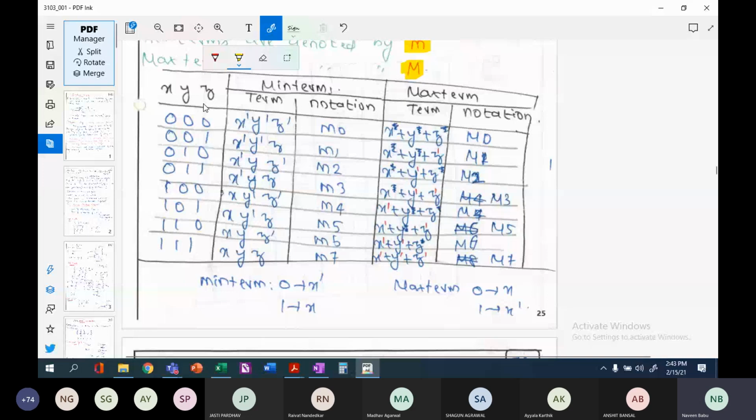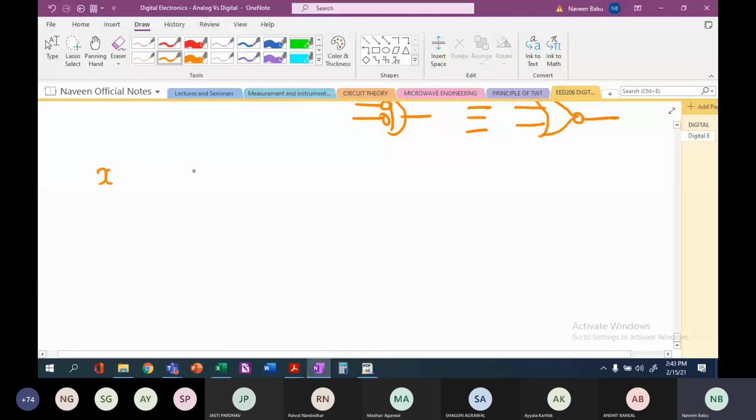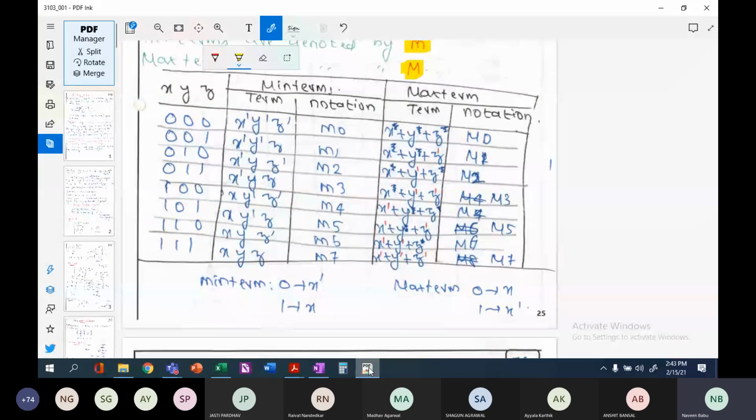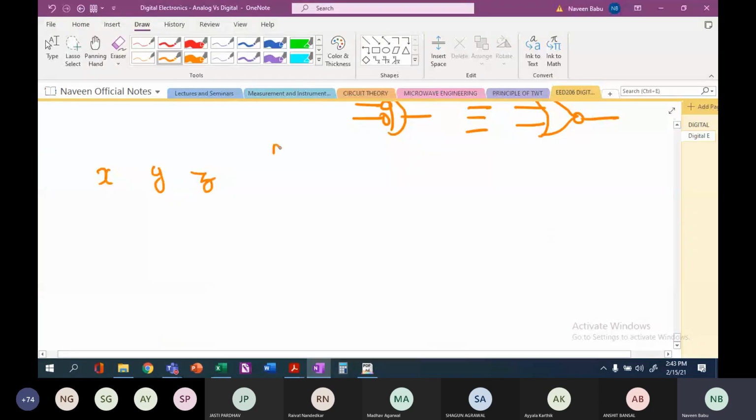So let us assume that the three variables are x, y and z. Now what are the min terms that are available? Let me give you the terms here and the way of notation.